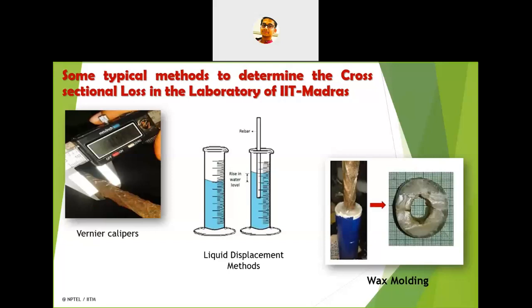After that, they came up with a new idea, wax molding, in which they tried to get a picture of the deformed bars, how the surface of the bars is getting damaged, but it also didn't work nicely. The drawback is that at the time of demolding these specimens, there may be some breakage in the wax mold, so it also won't give you a perfect idea about the cross section loss.